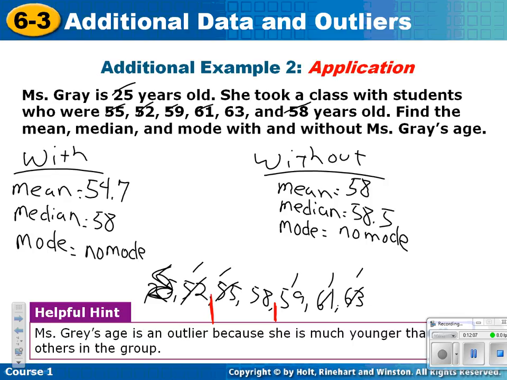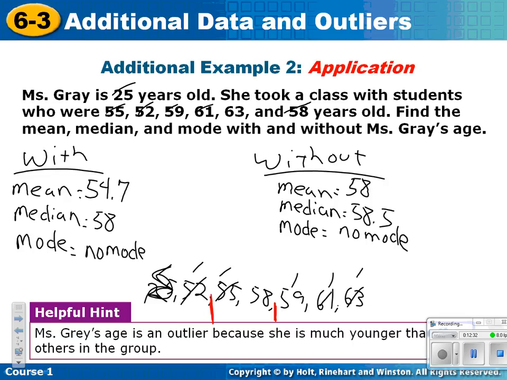See that? Now, so you're going to be asked questions like this. This is important, so I want you to really listen. You're going to be asked questions like this. What is a good representation? Which number would be the best representation of this set of data? Would the mean, the median, or the mode be the best representation for this set of data?